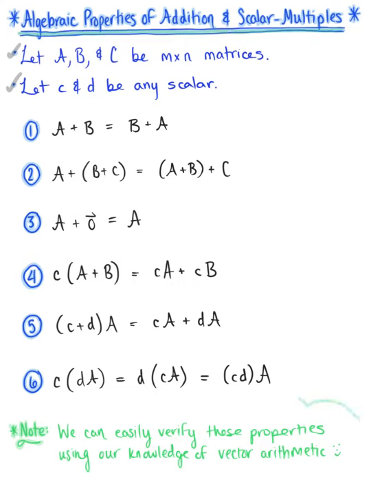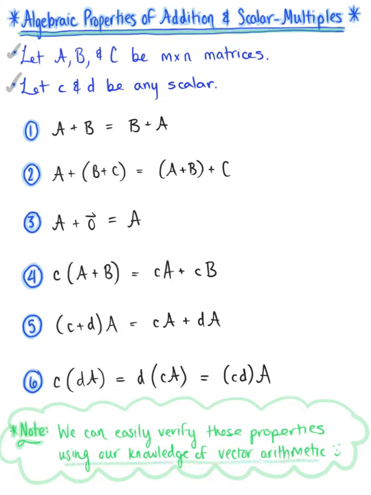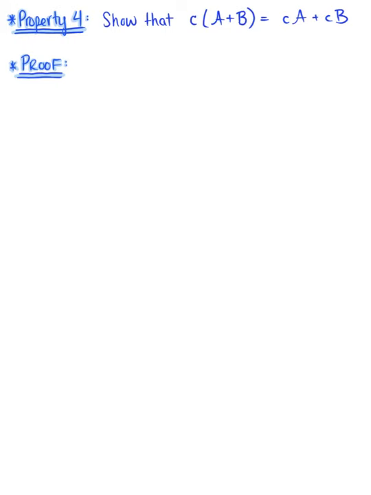And we can pretty easily verify all 6 of these algebraic properties using our knowledge of vector arithmetic. So let's take a peek at verifying one of these properties, and you'll be able to use the same technique to verify the others. So here we go.